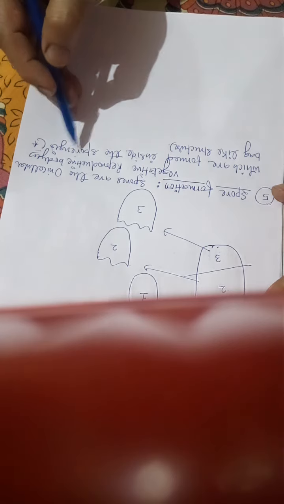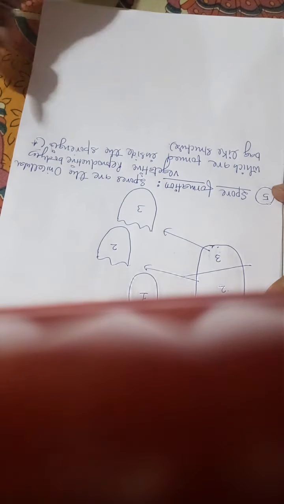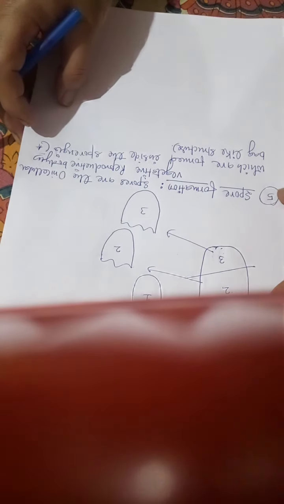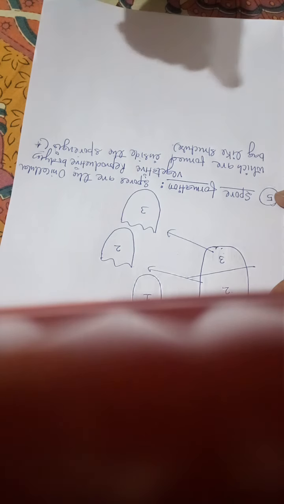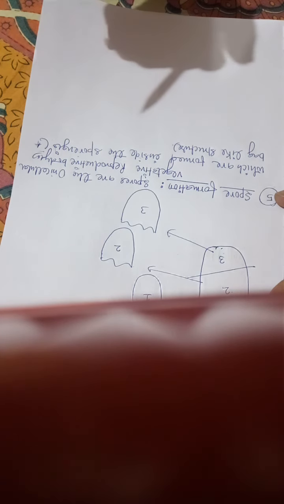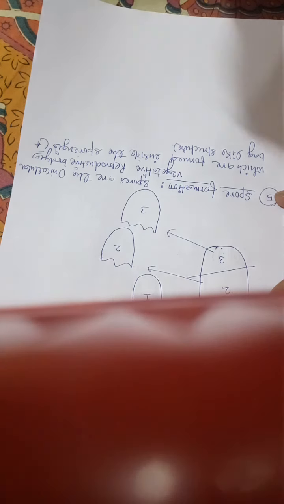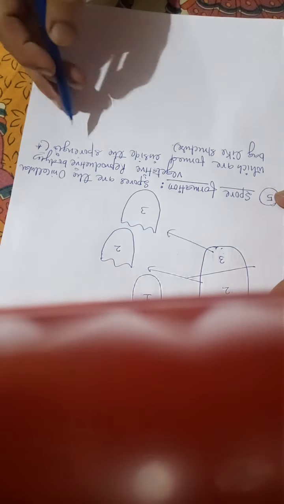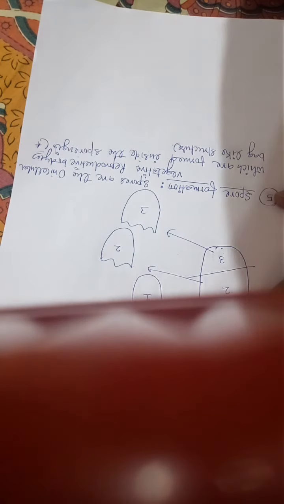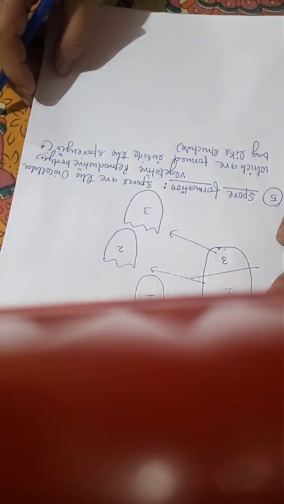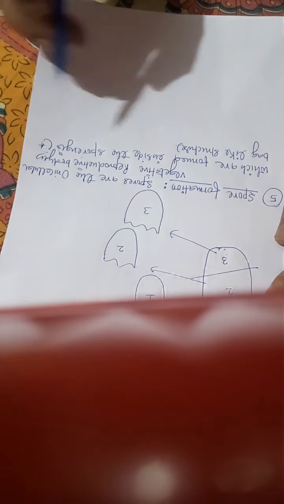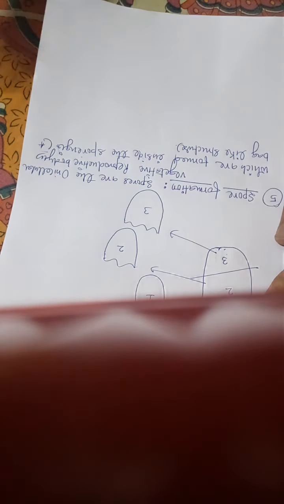Sporangia are formed by these organisms. These sporangia form unicellular spores. After the breakdown, after the bursting of the wall of the sporangia, spores will be free.